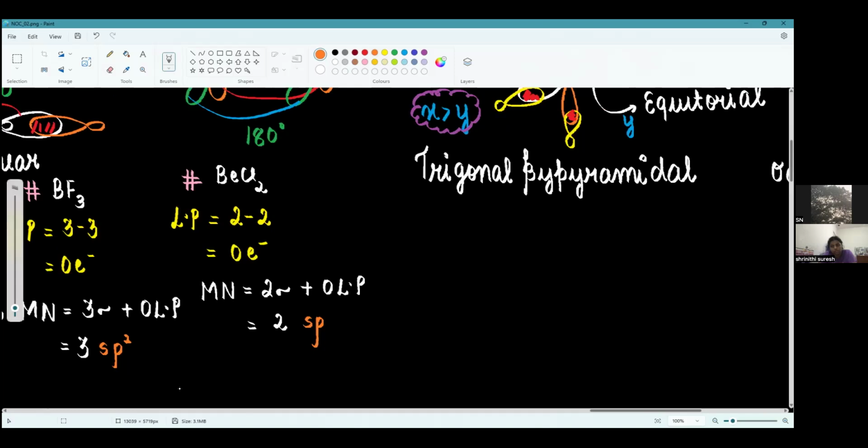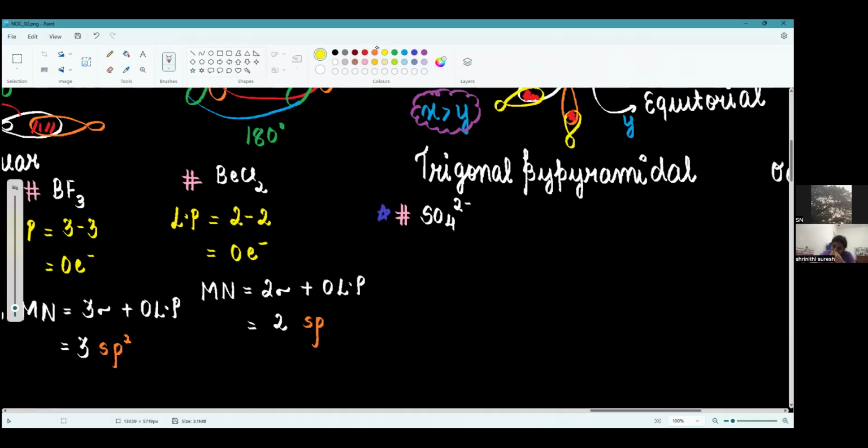Okay, now let's go a step ahead. Suppose they ask you to find the hybridization of sulfur in SO4 2-. Remember, this is not a compound, this is an ion.